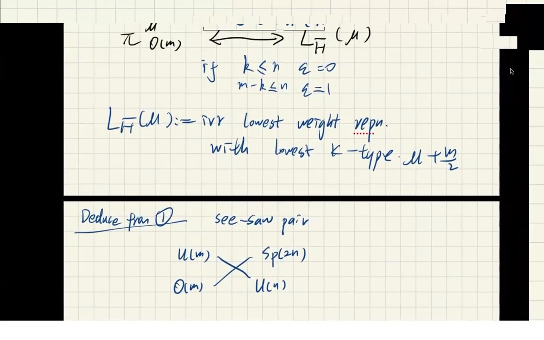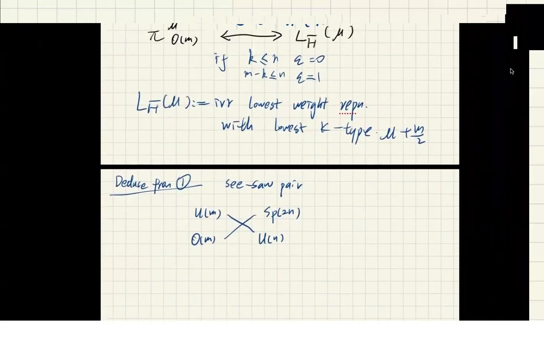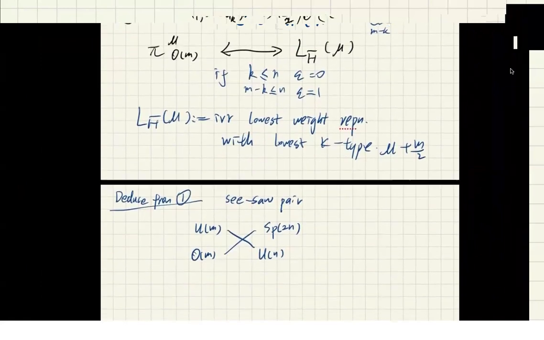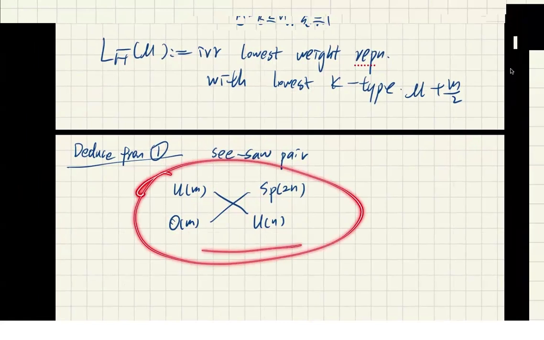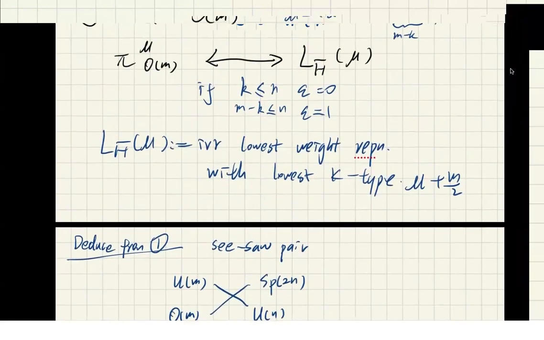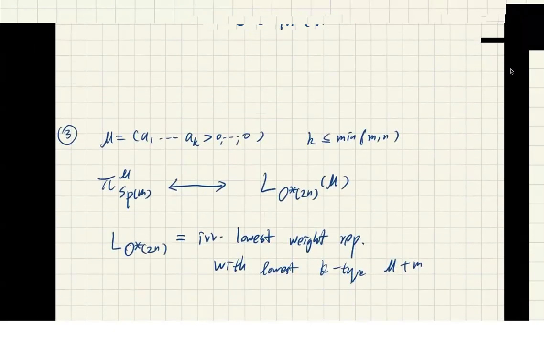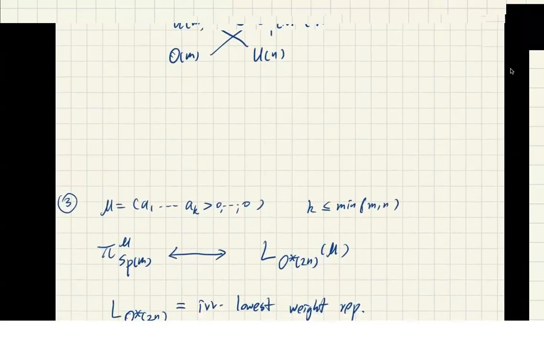So actually the second case is a consequence. If you do the computation for 1, then you can deduce 2 from 1 again by a seesaw argument, plus the explanation before.